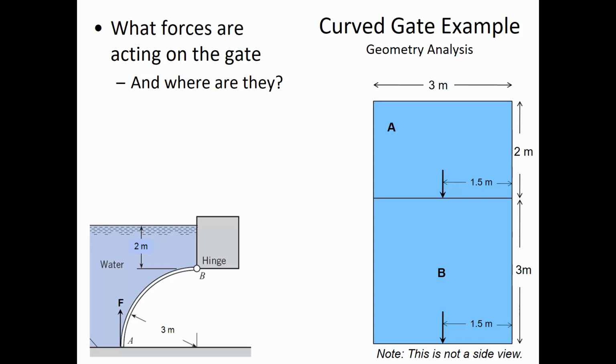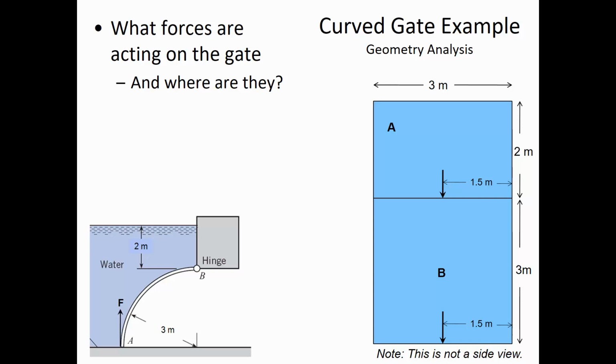But ultimately what we're doing is a moment analysis. So what we want to know really is how far it is from that edge down to where the force is located. If we think in terms of the moment analysis, what forces are acting to move the gate counterclockwise, to push it closed?